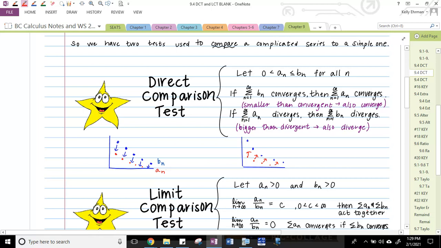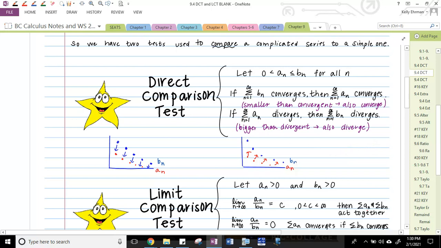So if the series for B sub n is converging, if it's decreasing fast enough to converge, think of it as pushing down on the smaller series, then it must be going fast enough down to converge as well. And if the smaller series diverges, then think of A sub n as pushing up on B sub n. So it's forcing it to diverge as well.